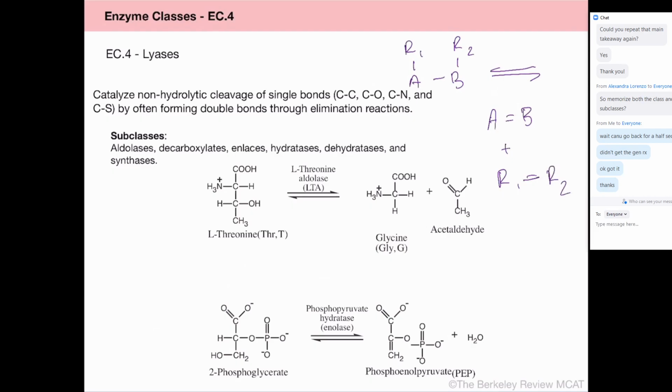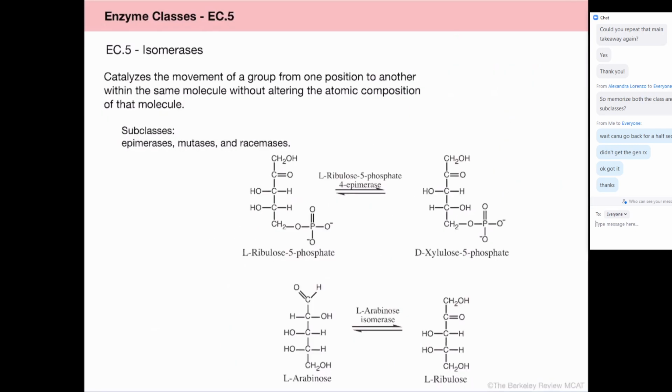So it cleaved single bonds and formed a double bond. Oh, and let me erase this. That's a single bond.